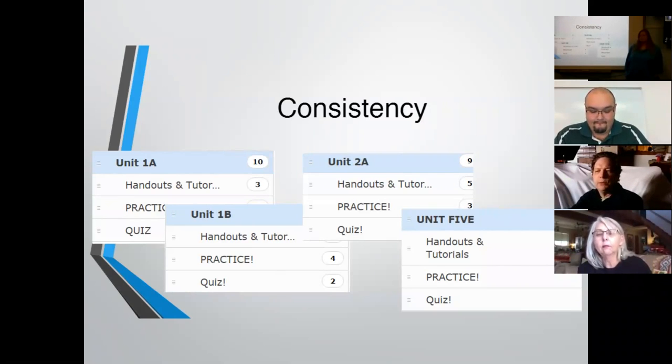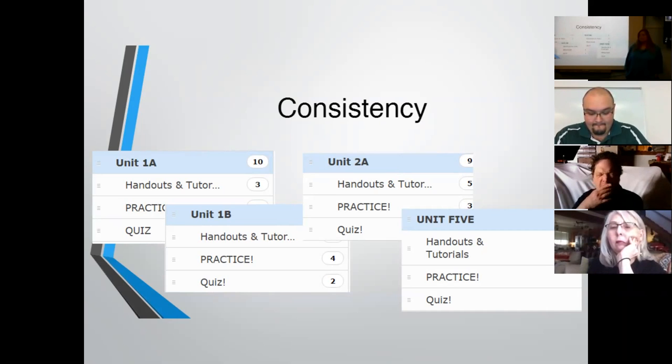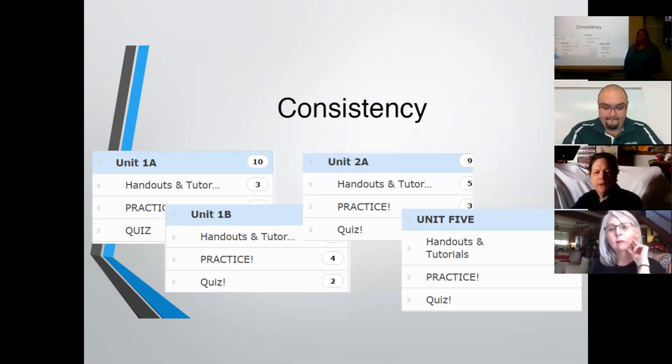Along the same vein, talking about consistency of organization of material, of activities inside of modules, and also of the fonts we choose to use when we're doing this. A couple of times I thought, but I want it to look better.